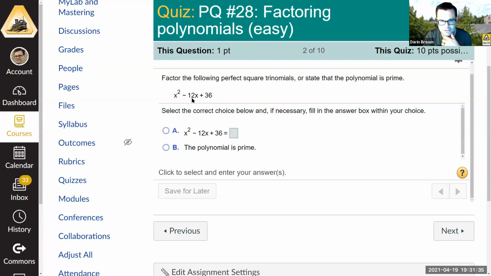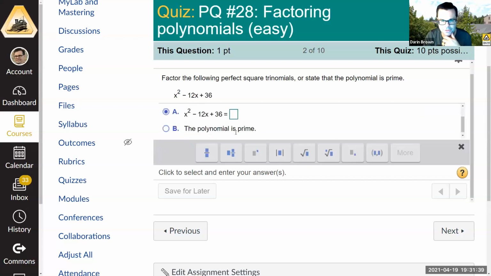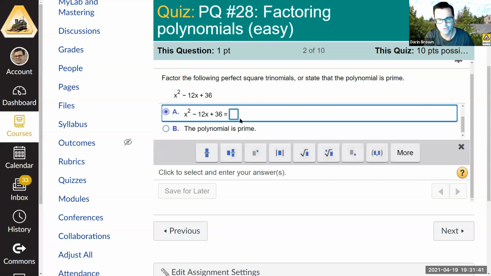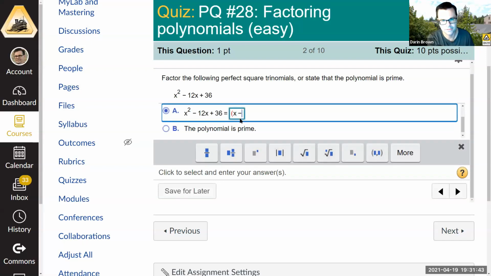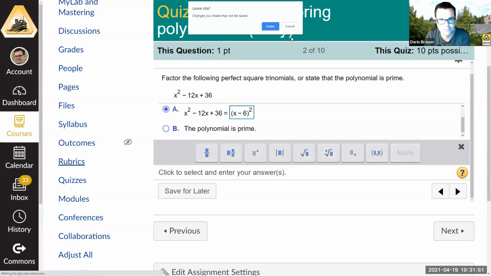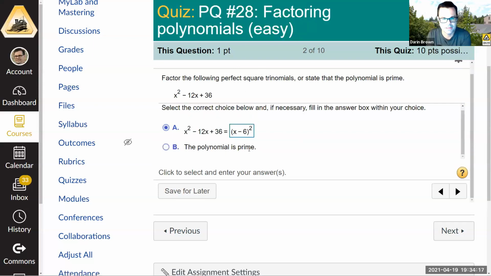Does the middle term match 2 times 6x? Yes. So this is a perfect square trinomial. This is going to be x minus 6 all squared.